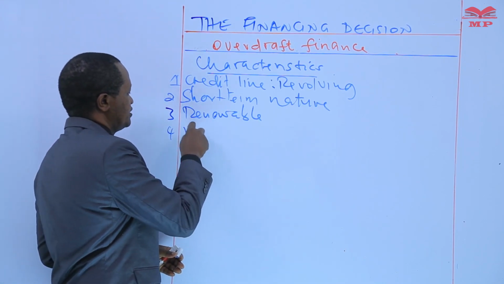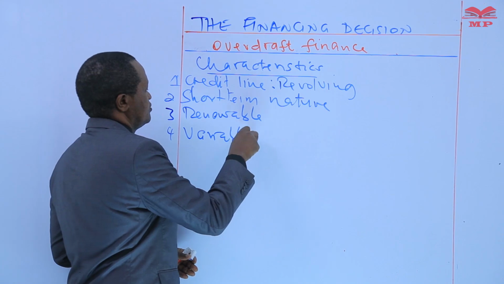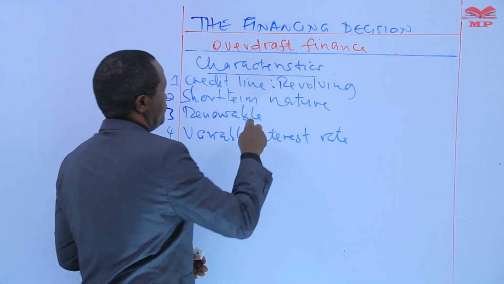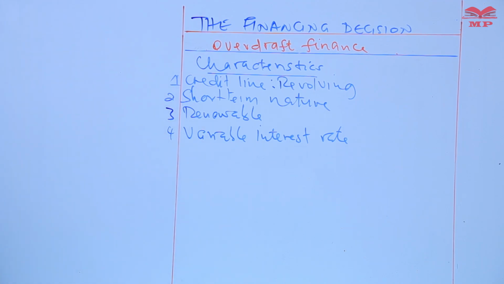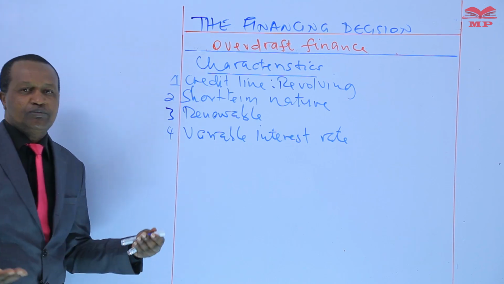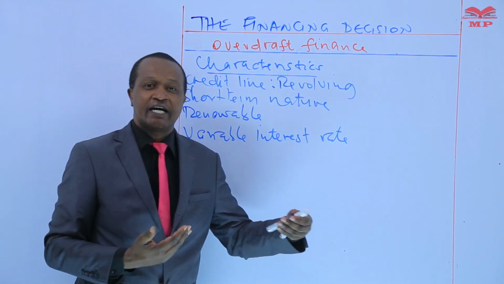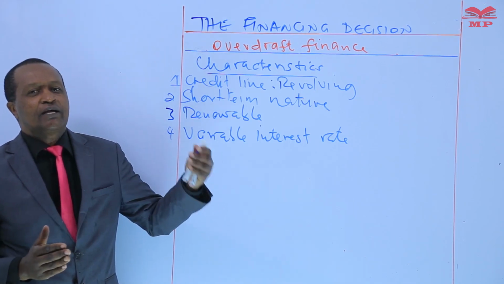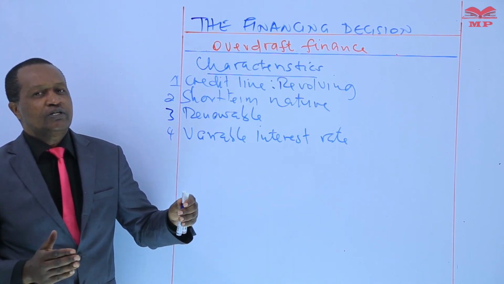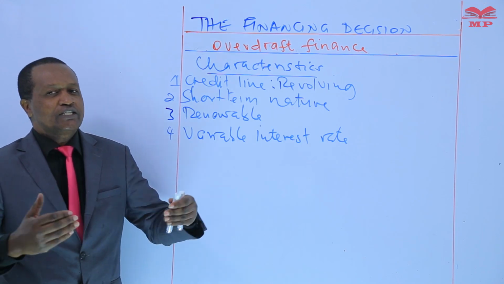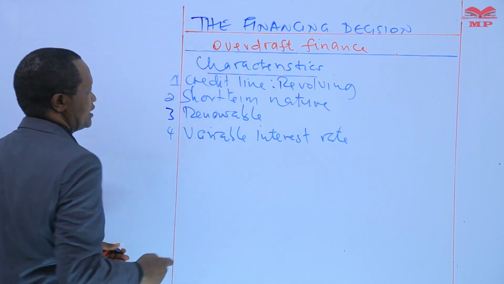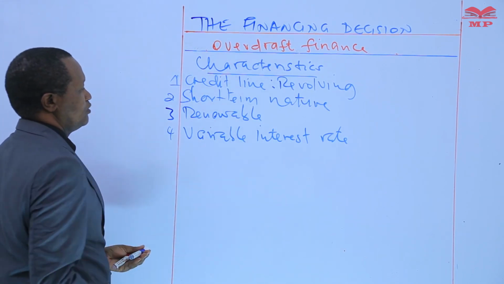Number four, variable interest rates. Overdrafts have interest rates that are generally variable and may be tied to a benchmark rate such as the prime rate, and therefore the interest rate is usually charged only on the outstanding balance. It is charged only on the outstanding balance, which makes it variable.